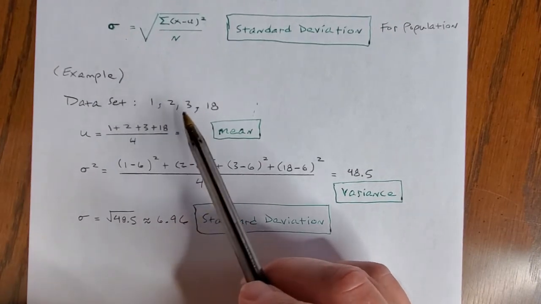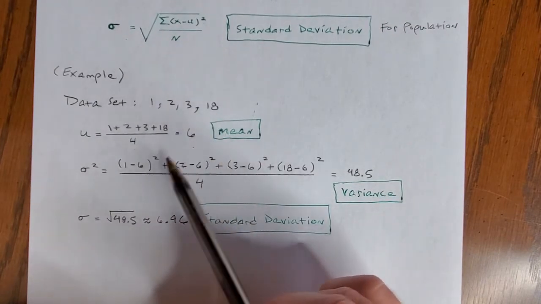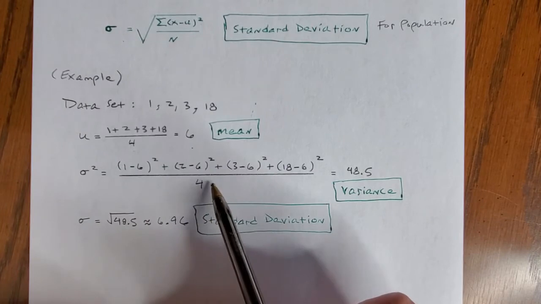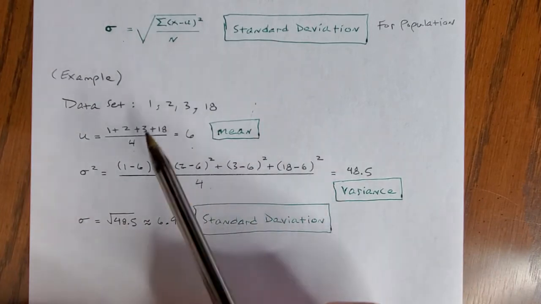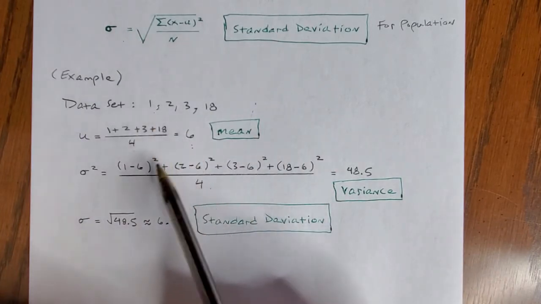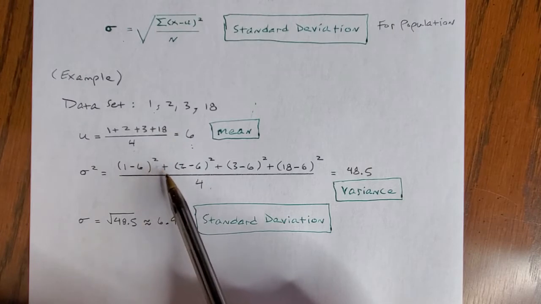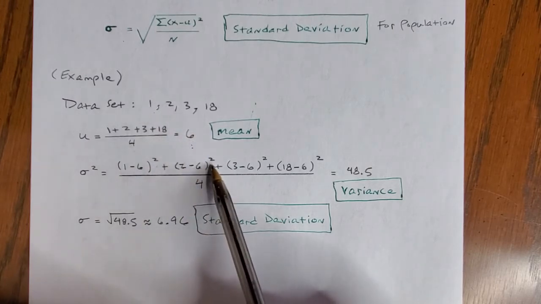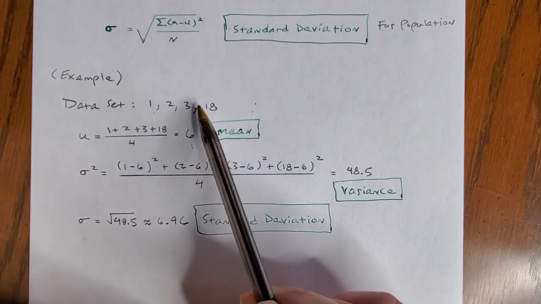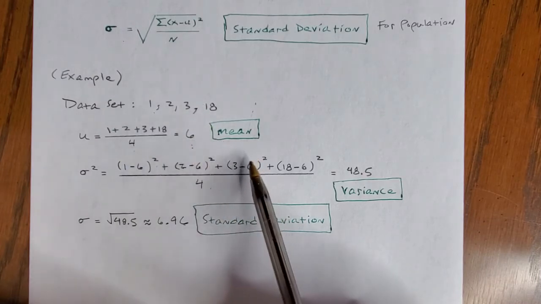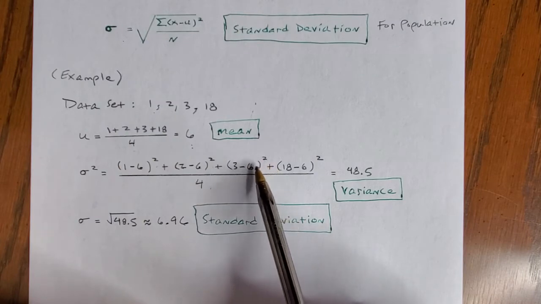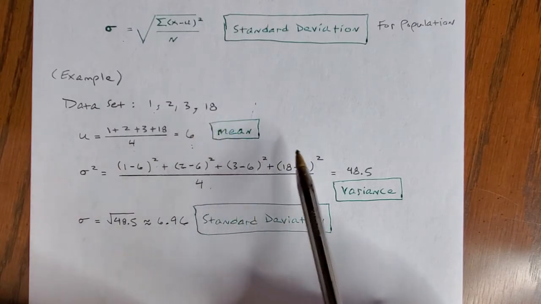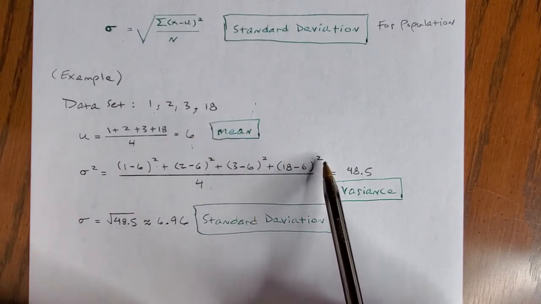I take each data entry minus the mean, I square it, I add them together, and I divide by how many there are. So I do (1 minus 6) squared plus (2 minus 6) squared plus (3 minus 6) squared plus (18 minus 6) squared.